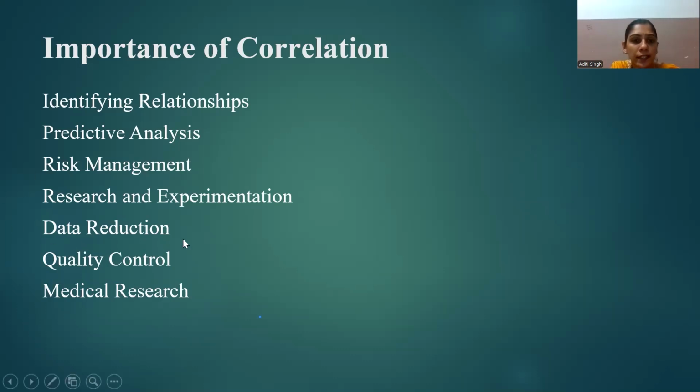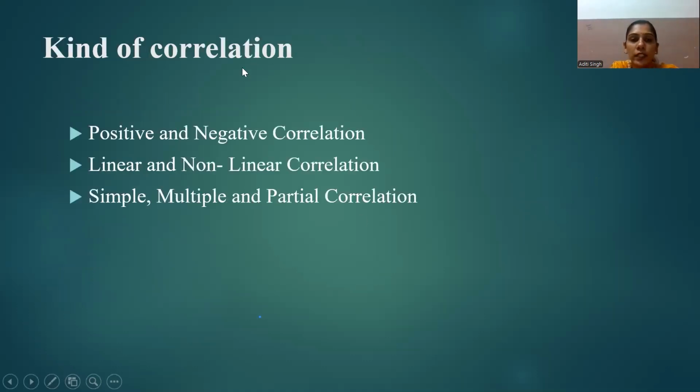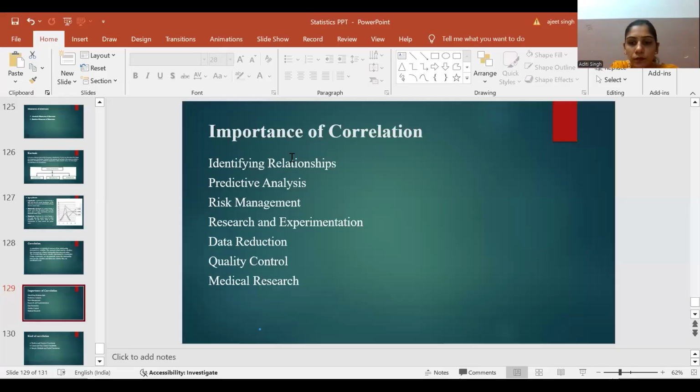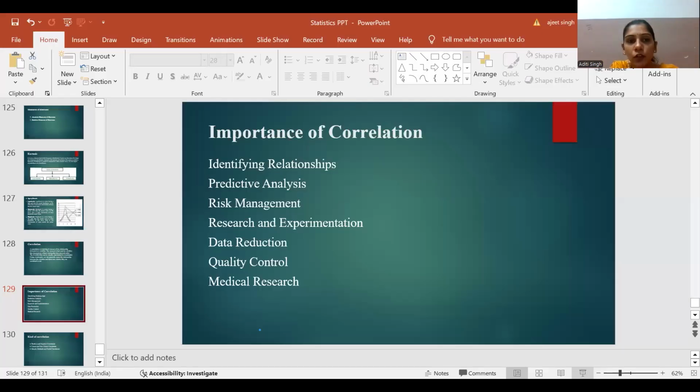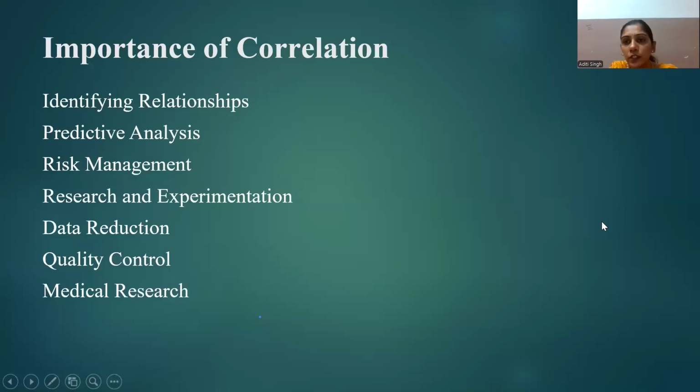Next is data reduction. I have already told you that when we apply correlation, the data should be normally distributed. So the data we take for correlation should be normally distributed or nearly normally distributed.